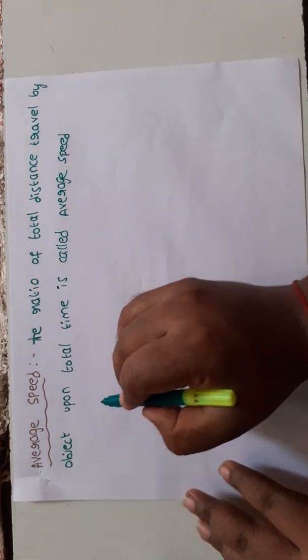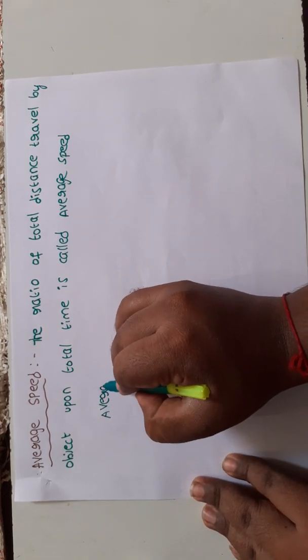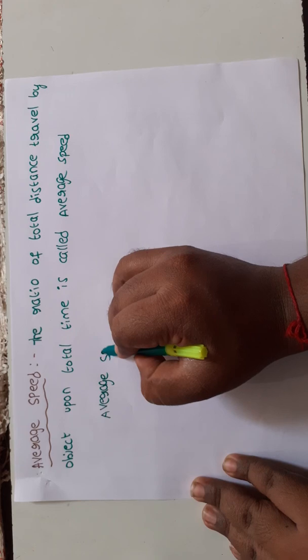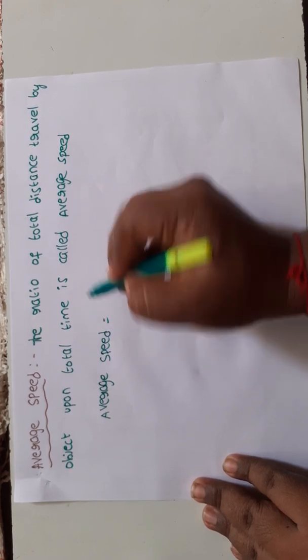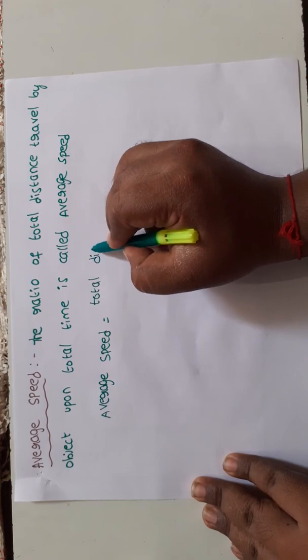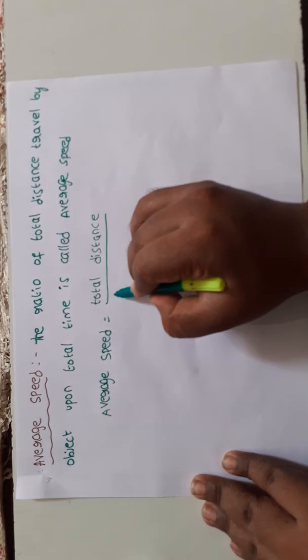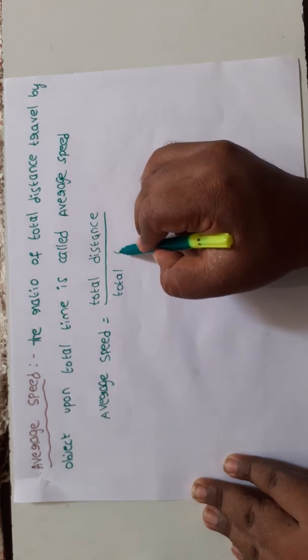So the formula: average speed is equal to total distance by total time.